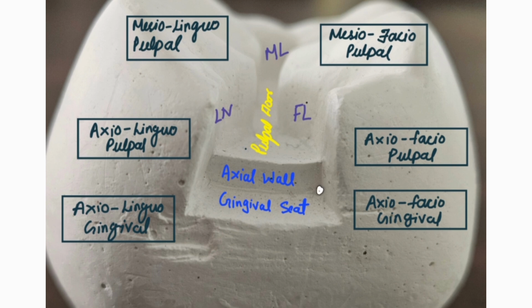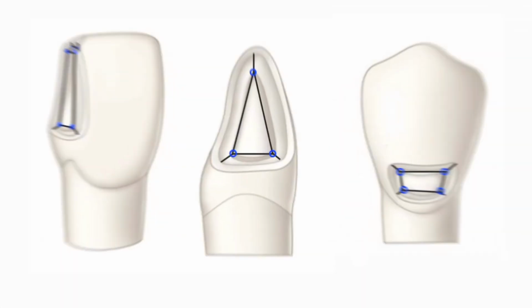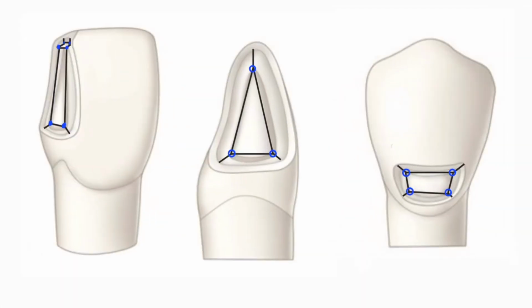This particular point, which is formed by your axial wall, facial wall, and gingival seat, would be axio-facio-gingival. And on the opposite side, instead of facial, we would use linguo: the axio-linguo-gingival point angle.